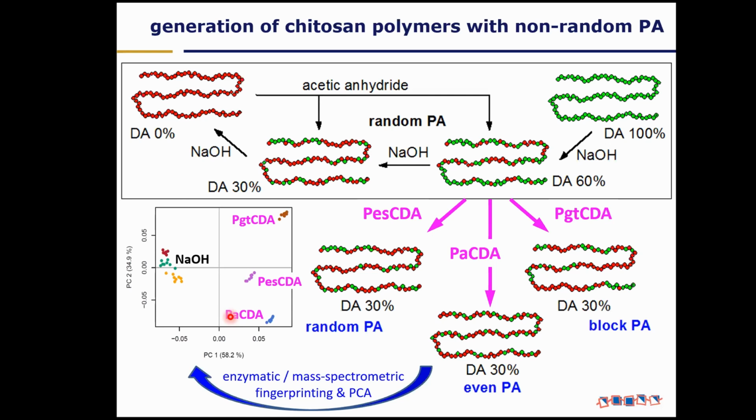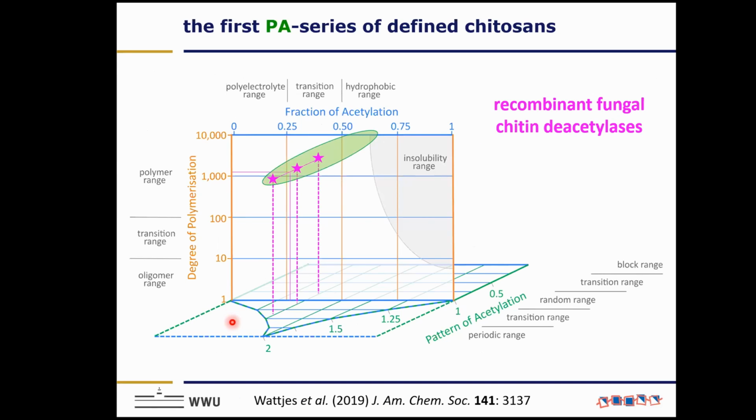So now if we go back to our matrix, we now have the third dimension, the pattern of acetylation in our matrix, and we have generated 3 chitosans which differ in their pattern of acetylation. One of them is close to random, one is more blockwise, and one is more regular.